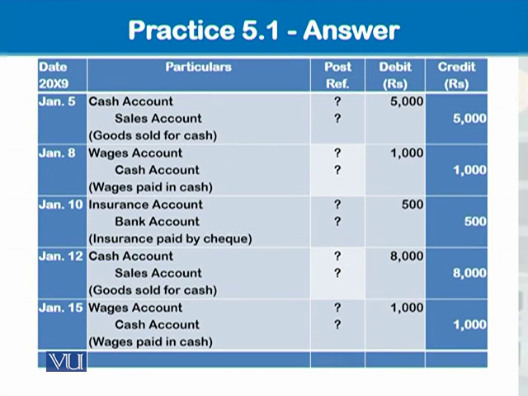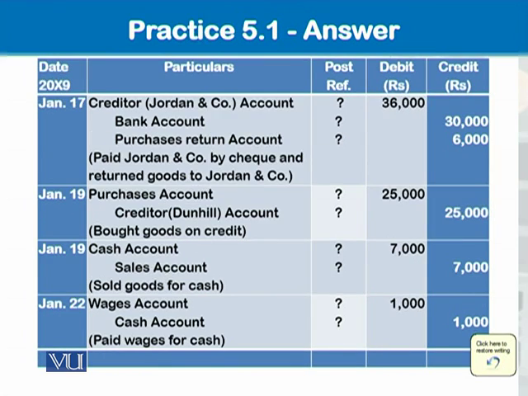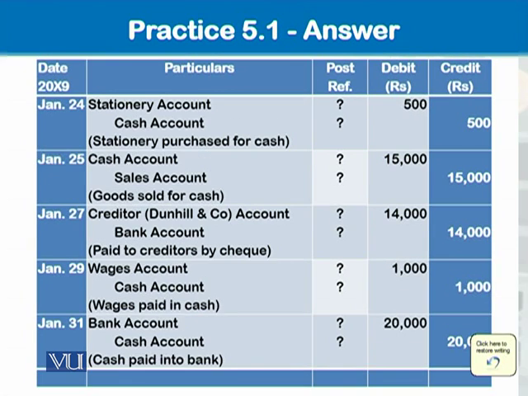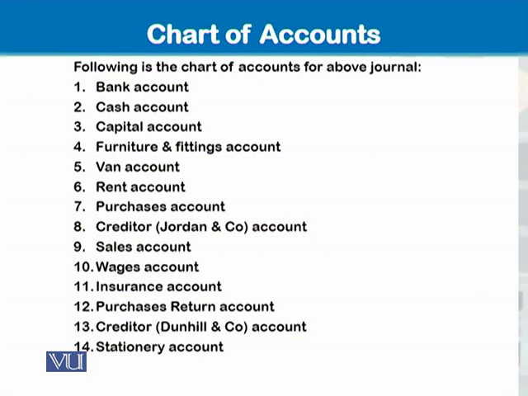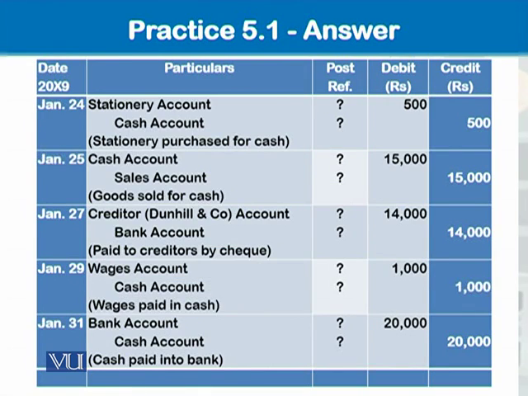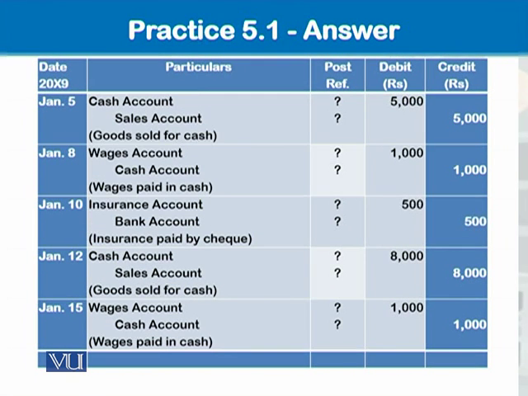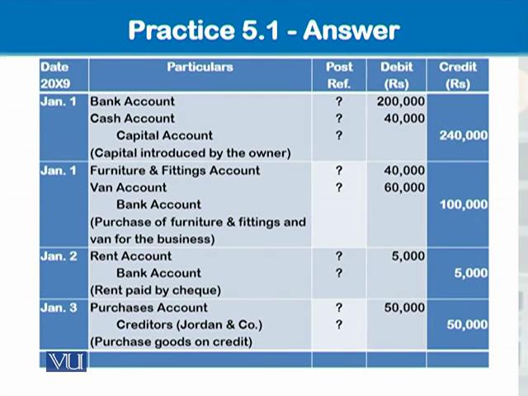Here you see the journal is already maintained. We can observe the journal accounting entries. Okay, so all these are already maintained. Well, okay, this is the chart of accounts. So I'll take you back to the journal entries and just observe how this chart of accounts is developed.